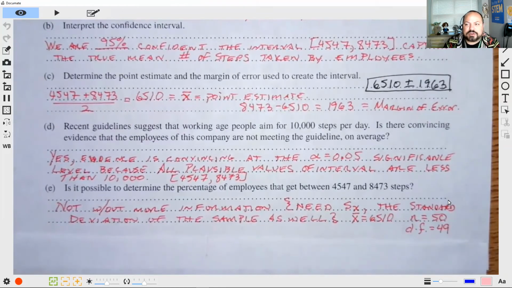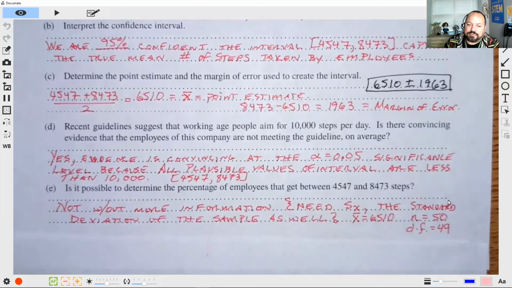But without knowing the standard deviation for the sample or a good estimate of the standard deviation for the population, I cannot determine how many employees actually got between 4,547 and 8,473 steps.